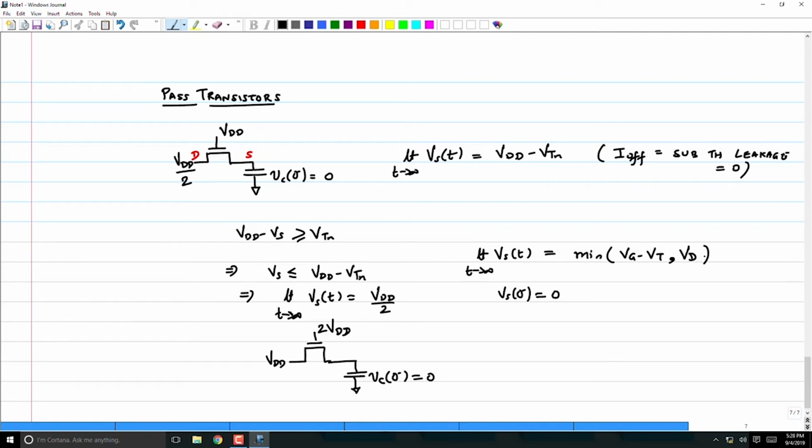Here I am not saying VGS minus VT. VG, whatever the gate voltage is, minus VT, or it can go up to the drain voltage. Right?